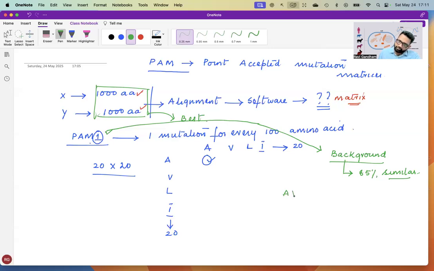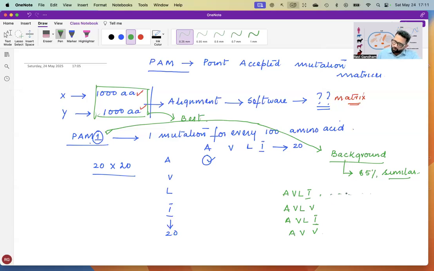Let us say alanine, valine, lysine, isoleucine, and likewise the alignments, alanine, valine, lysine. I'm just taking some arbitrary example. Now, look at this sequence.